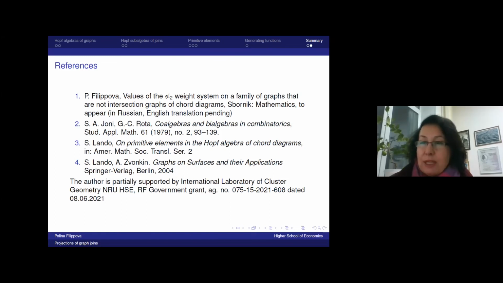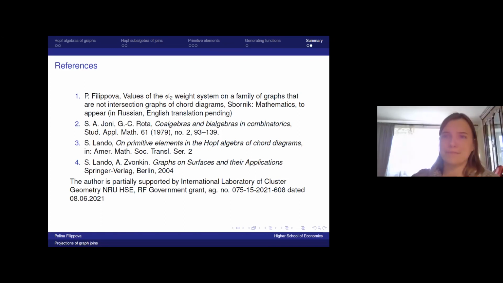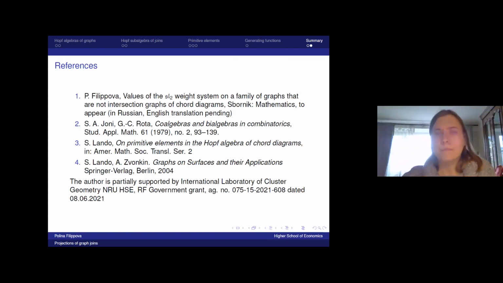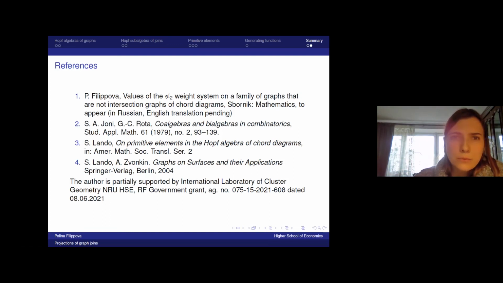I see. Well, actually, Polina mentioned chromatic polynomial, right? Yes, it was a first example. Right, but you also said that it is possible to consider this approach for another kind of graph invariant. Which type of graph invariant could be considered? There are some graph invariants connected with chord diagrams.